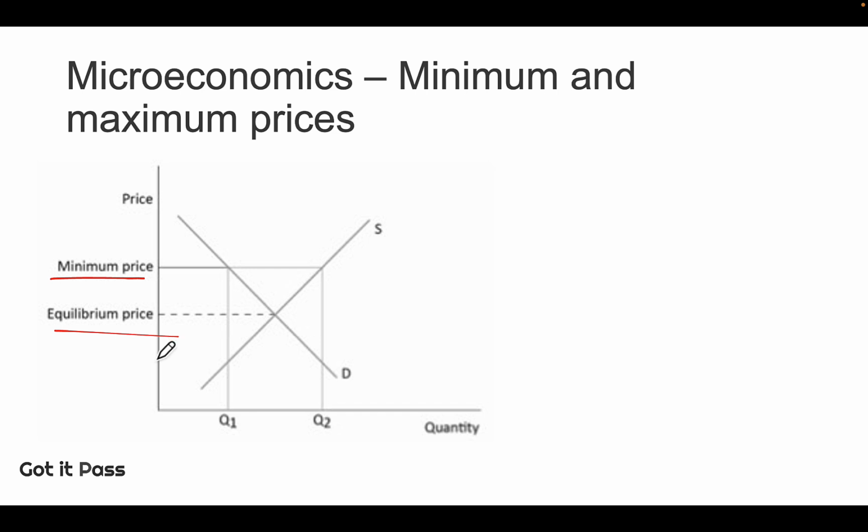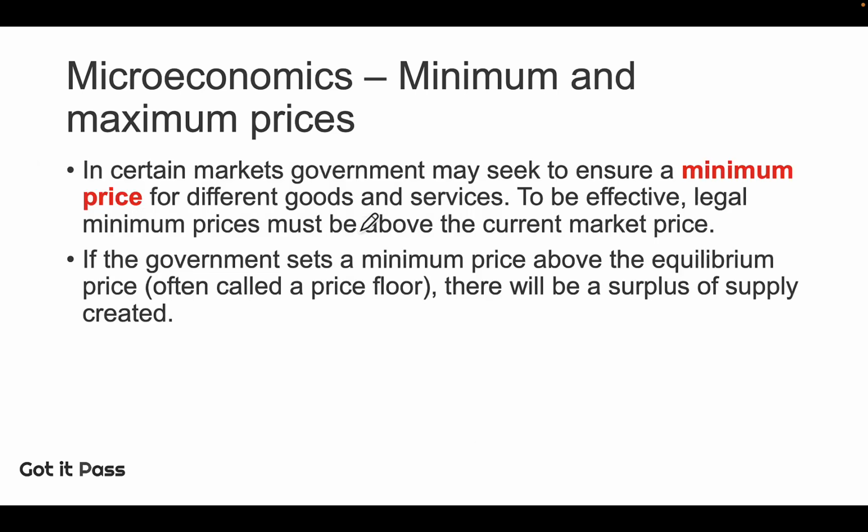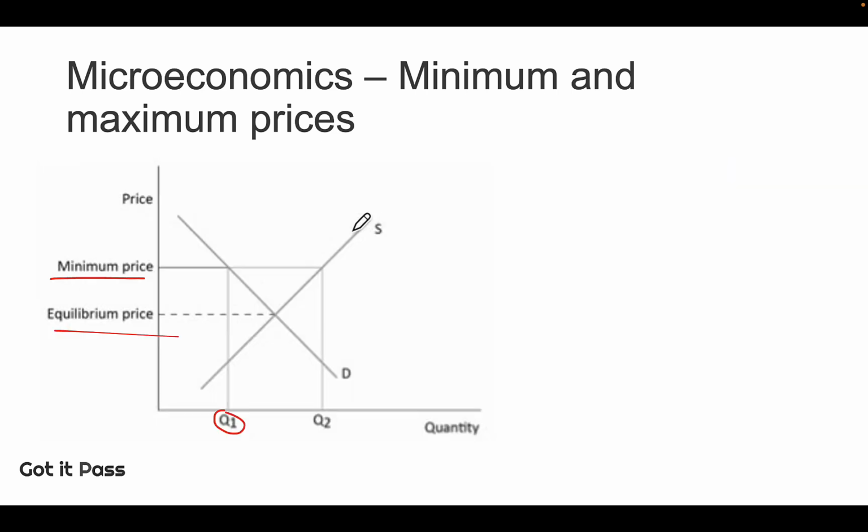As said, the demand for the goods is only at Q1 at the minimum price, but the supply is at Q2 because of the higher price.